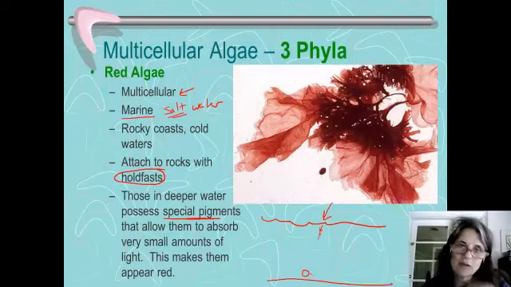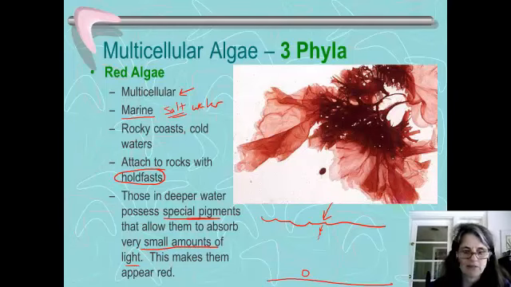And to collect what light there is, you have to have really special pigments in order to do that. So they have pigment that allows them to absorb very tiny amounts of light that might make it all the way down to the bottom, and those pigments make them look red. The pigments are red in color, okay? Hence their name.